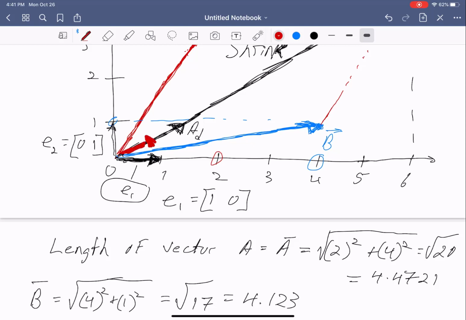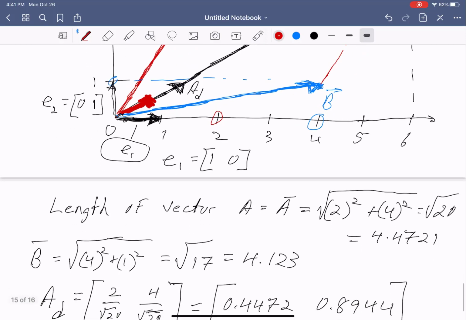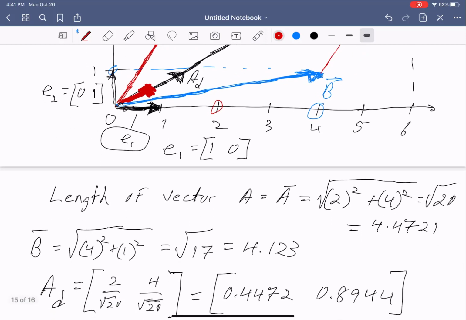All right, so this would be the length of that vector A. All right, the first number should be about 0.45, and that would be about here somewhere, and the other one is 0.89, so it should be a little bit higher, somewhere in here. So somewhere there is where we get the normalized vector A.